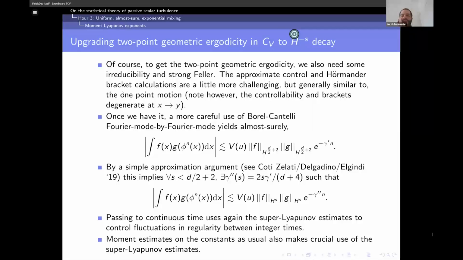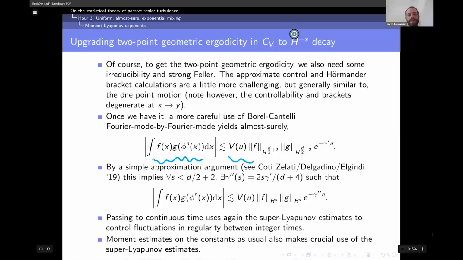Okay, there's some last technicalities which I just want to alert you to, which is you have to somehow prove some control of the regularity. It's not enough to prove the geometric ergodicity technically. So you have to be a little more careful. You have to apply geometric ergodicity Fourier mode by Fourier mode and keep track of frequencies and use the super Lyapunov estimate over and over again.